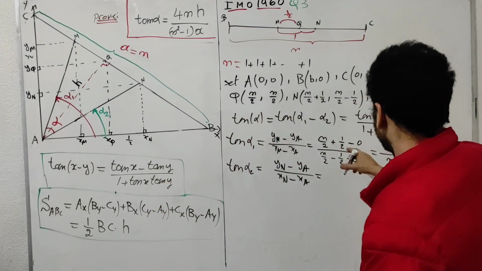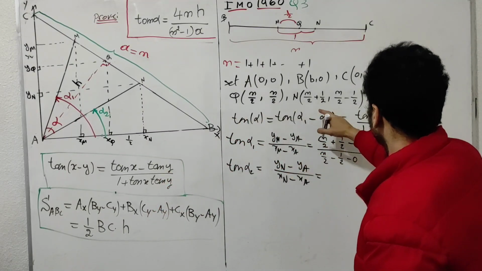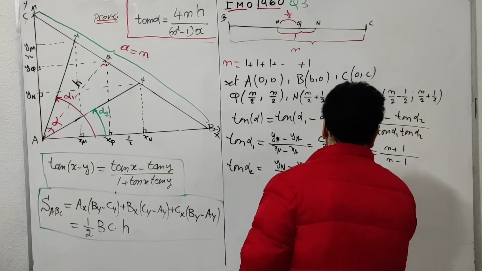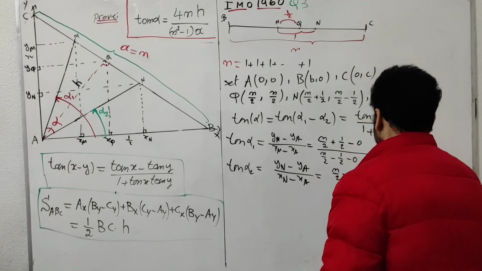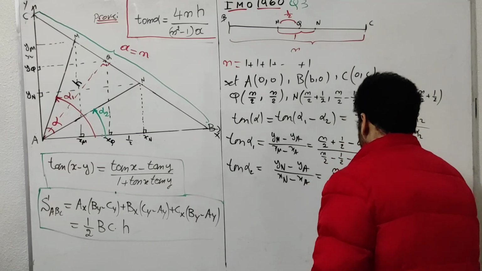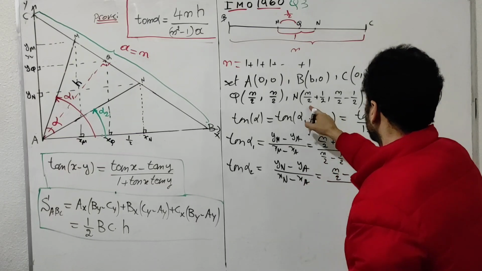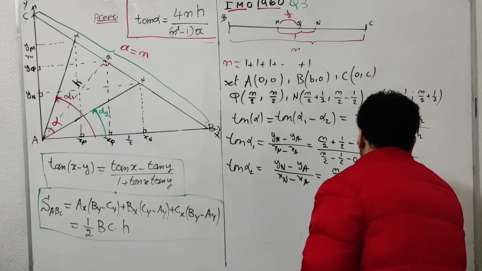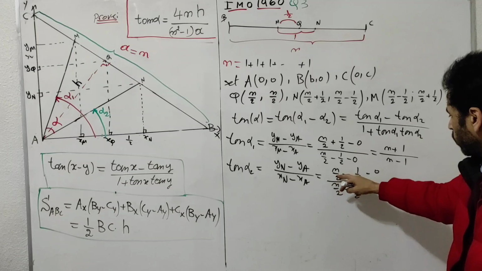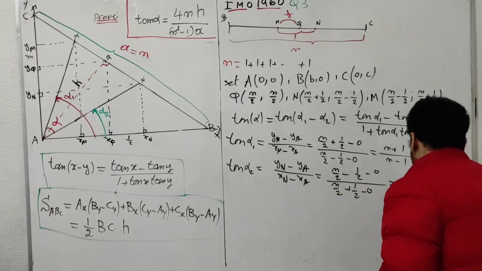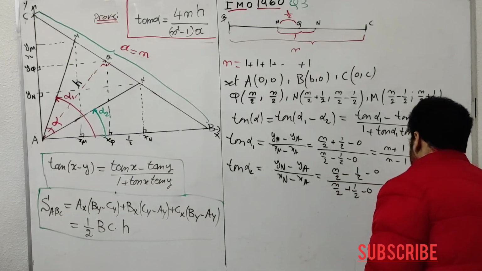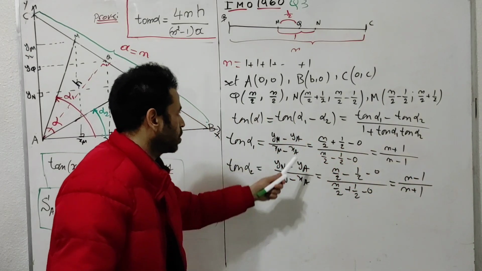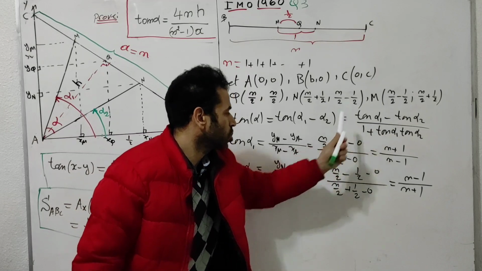We already determined yn, which is n over 2 minus half, minus 0, divided by xn, which is n over 2 plus half, minus 0. By cancelling out 1 over 2 from numerator and denominator, I will get n minus 1 divided by n plus 1.